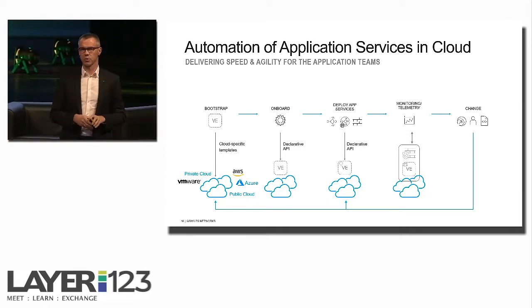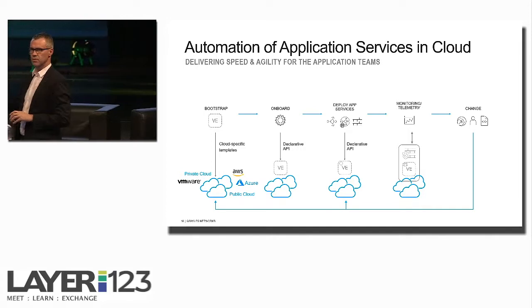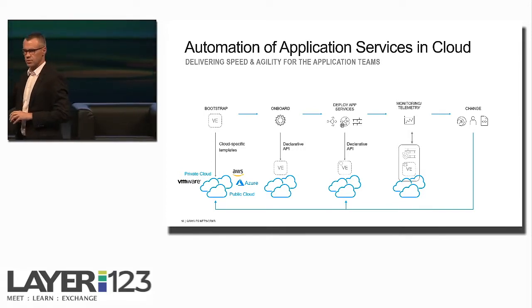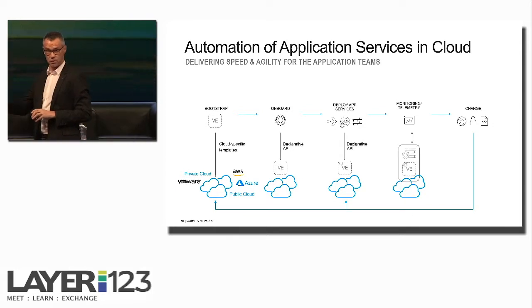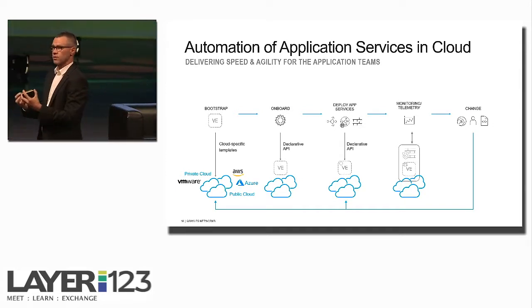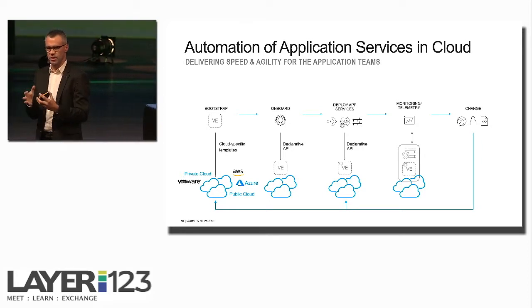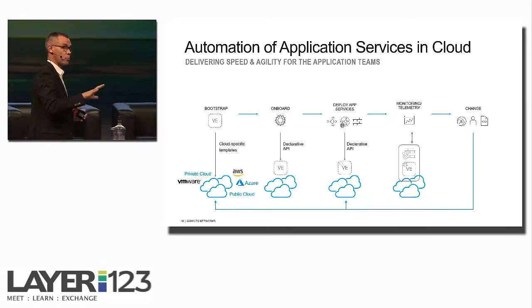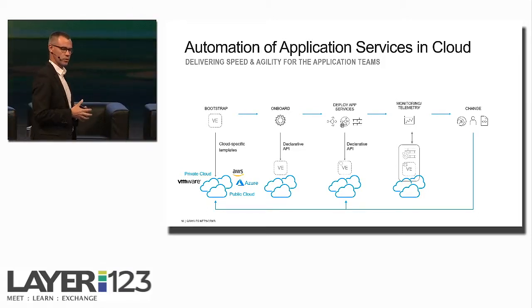The next step is what we call onboarding. This is giving it IP addresses, a DNS server, a license so that it can do whatever it's supposed to do. It's really making it ready to get the configuration of what you want it to do, all the steps that are needed. We use a declarative API for that. And I'll come back to what that means because that's a very important concept.